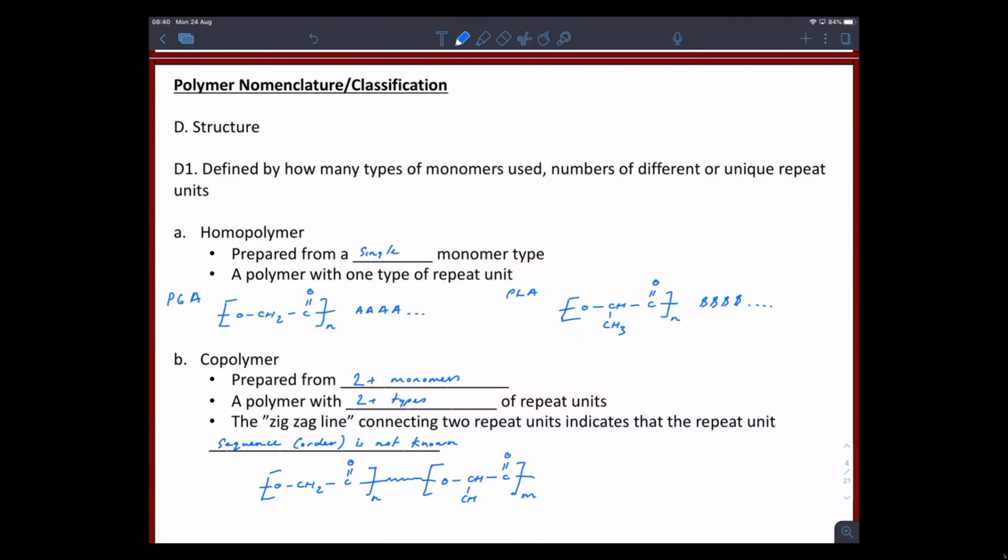That makes it easier to report if you're writing a publication on these things. If you say that M varies by this number of repeat units, degree of polymerization, or this many monomers, then they know what you're talking about, rather than just having two N's, one for the PGA and one for the PLA. So this actually would be called copolyglycolic acid lactic acid. That would be the terminology for that one.